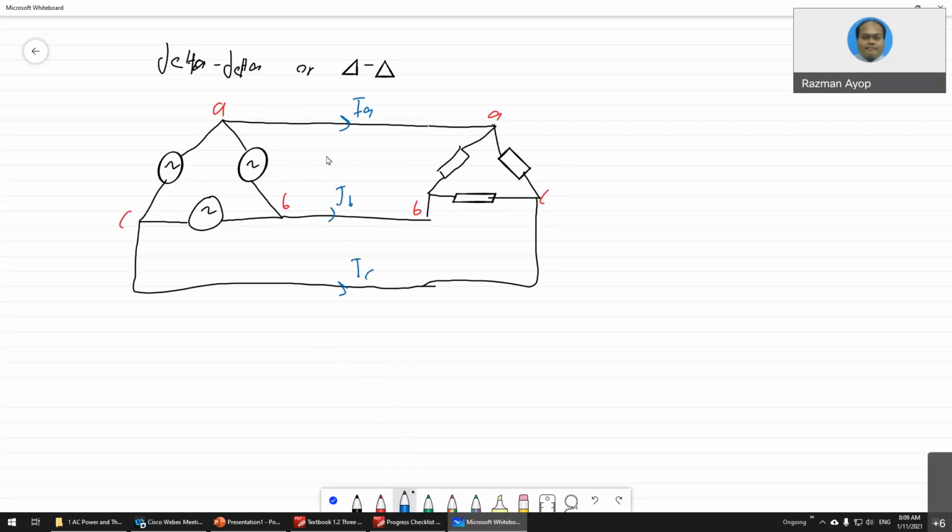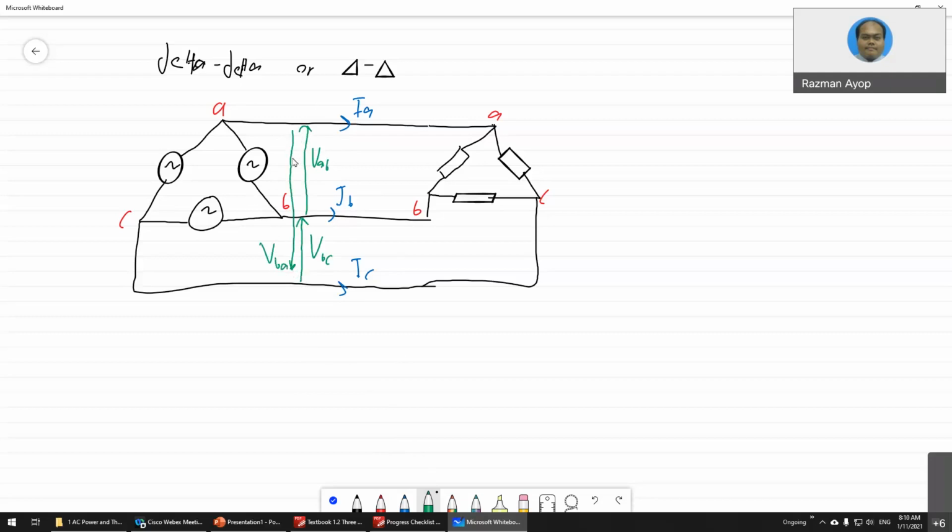How about the voltage? For the voltage, VAB, remember you are using the positive sequence. Usually we use positive sequence. VAB, this one VBC, and then here VBA.